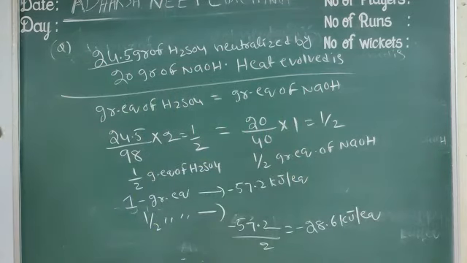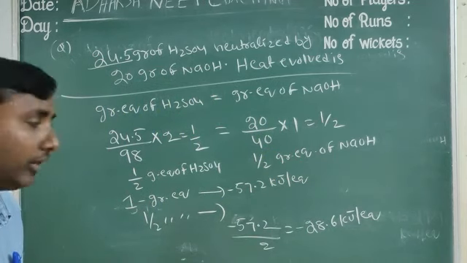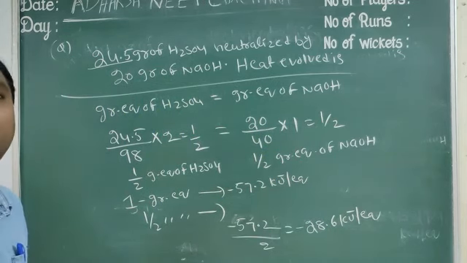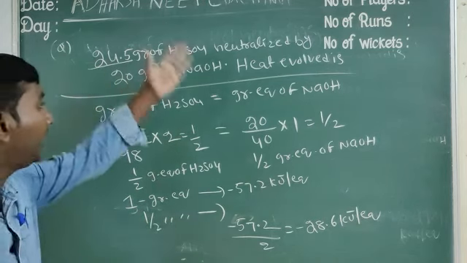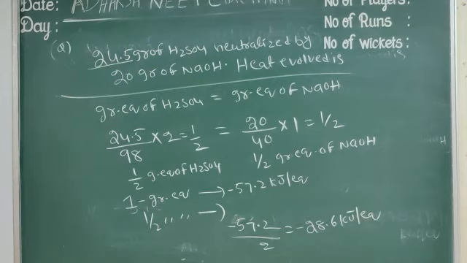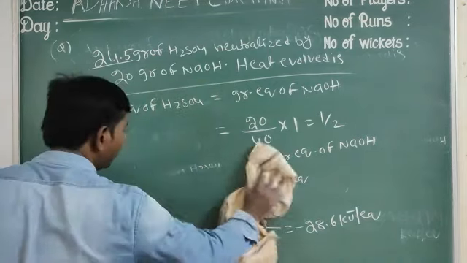Same for kilocalories: 1 gram equivalent is minus 13.7 kilocalories, so 1 by 2 gram equivalent is minus 13.7 by 2. Like that you have to do it. Okay. Next one.